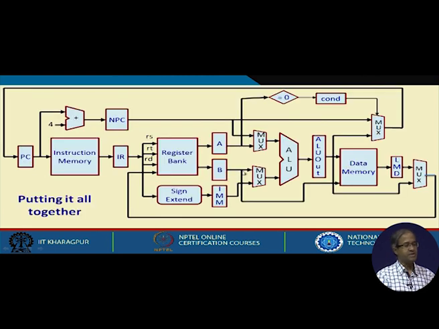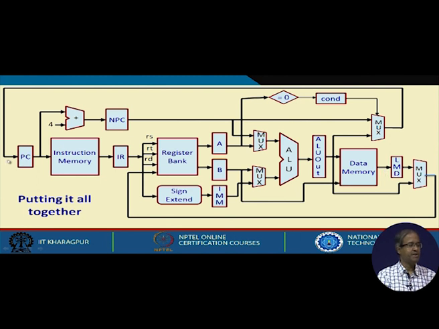Now, we have also seen that all the things taken together, the data path looks like this. Next, what we will see is, if I want to make this into a pipeline, what changes are required? What modifications do I need to make?